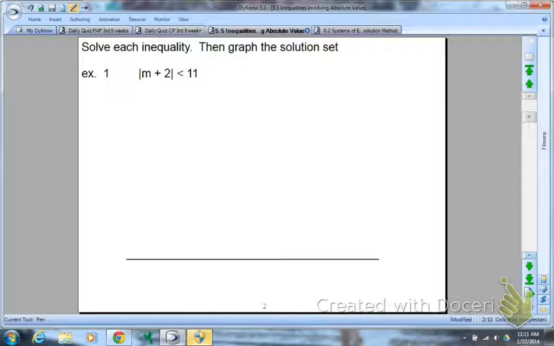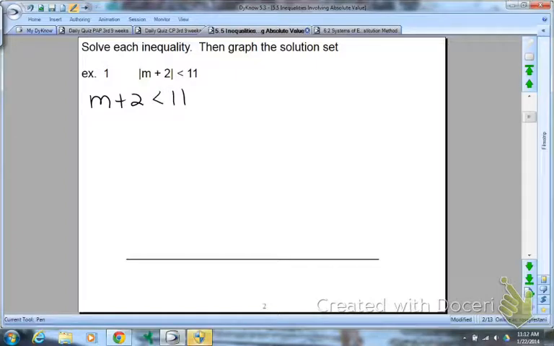Okay, example 1. Solve each inequality, then graph the solution set. When we have an absolute value is less than 11, we treat it just like if it's an equal sign. We take it out of the absolute value, m plus 2 is less than 11.